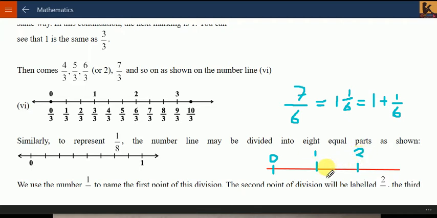then there must be 6 parts in between this. 1, 2, 3, 4, 5, and this one should be 6. So I have to delete this one and I have to make 2 over here.